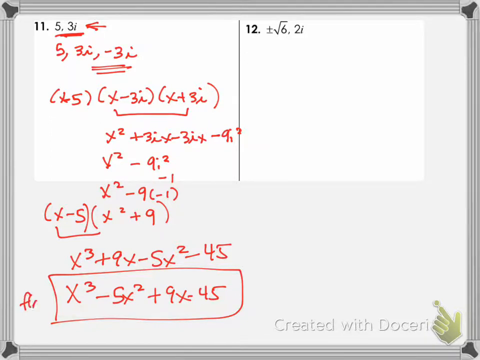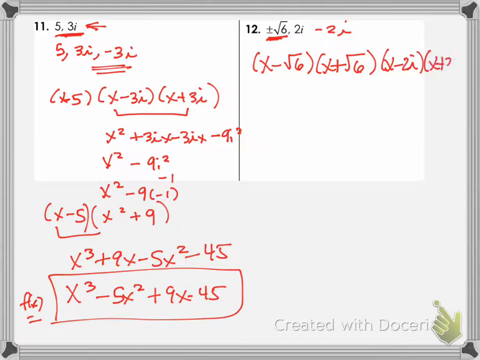f of x equals. So in number 12, they give you the plus or minus square root of 6, but you also must have a minus 2i if you have a plus 2i. So this one, I'm not going to work it out. It would be x minus the square root of 6, x plus the square root of 6, and x minus 2i, and x plus 2i.